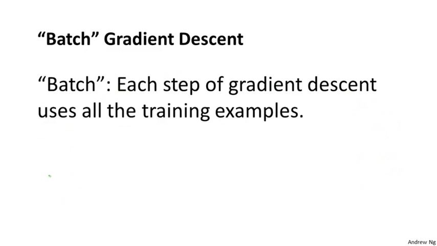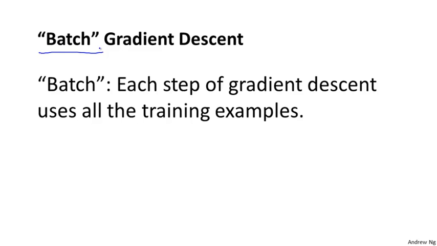Finally, just to give this another name, it turns out that the algorithm that we just went over is sometimes called batch gradient descent. And in machine learning, I feel like us machine learning people, we're not always great at giving names to our algorithms. But the term batch gradient descent refers to the fact that in every step of gradient descent, we're looking at all of the training examples.